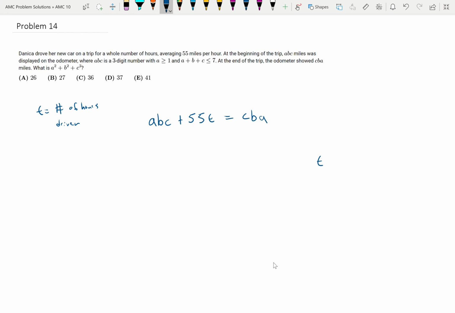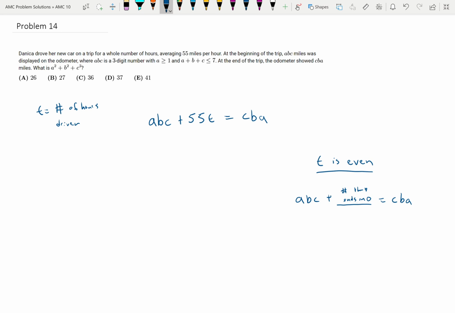One is going to be where t is even. If t is even, we're going to have ABC plus, if you multiply 55 by an even number, you're going to get a number that ends in 0. So all I know is ABC is adding with a number that ends in 0, and that's equal to CBA.